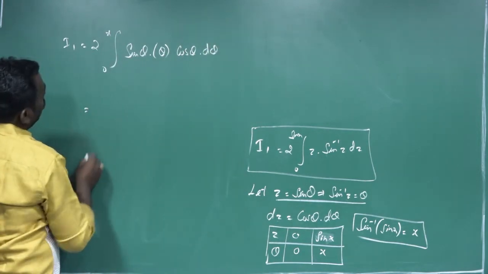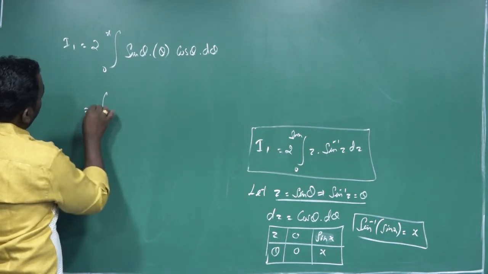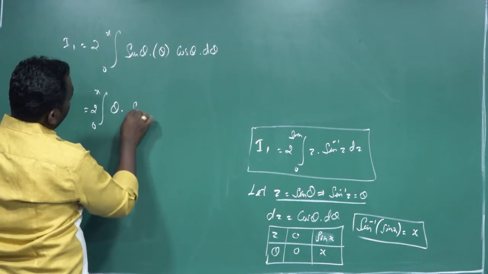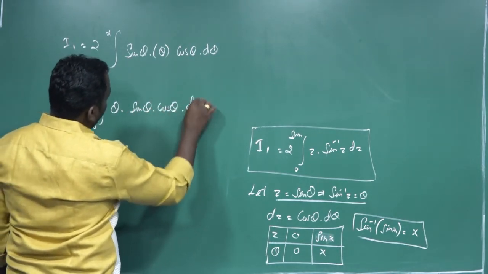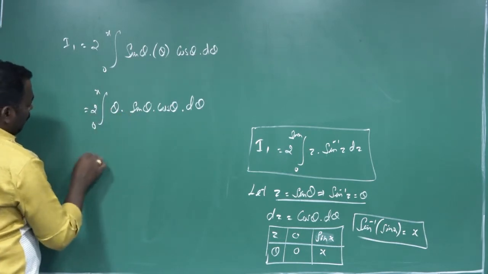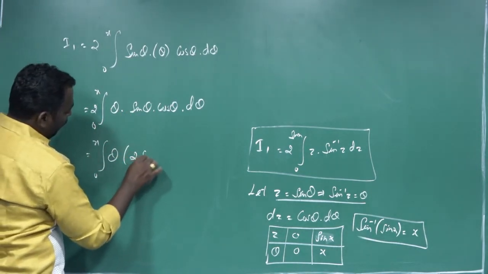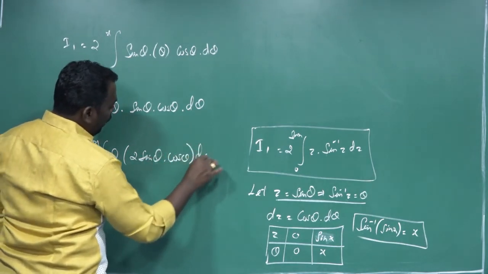Now that is equal to 2 times the integral from 0 to x of theta sin theta cos theta d theta. This 2 is multiplied into the bracket: the integral from 0 to x of theta times 2 sin theta cos theta d theta.